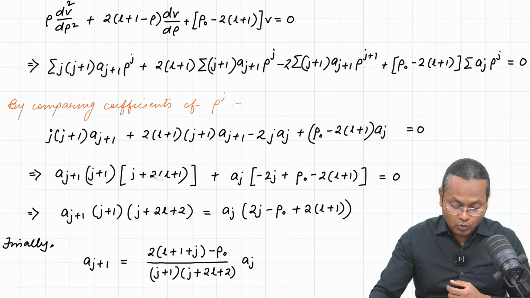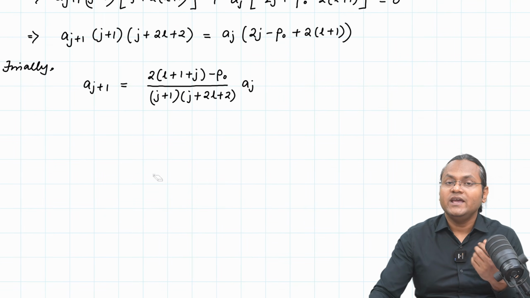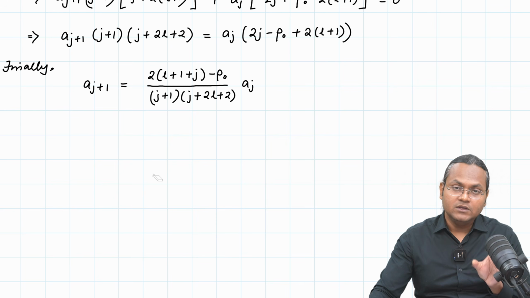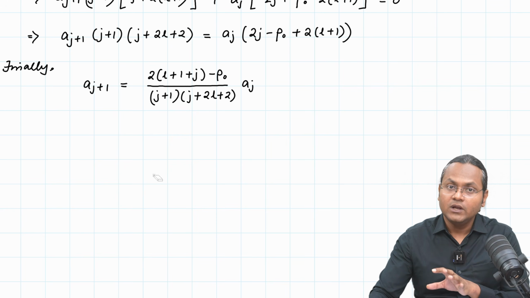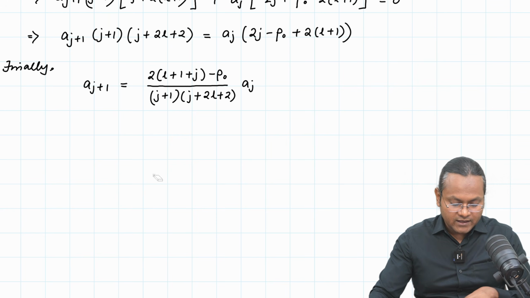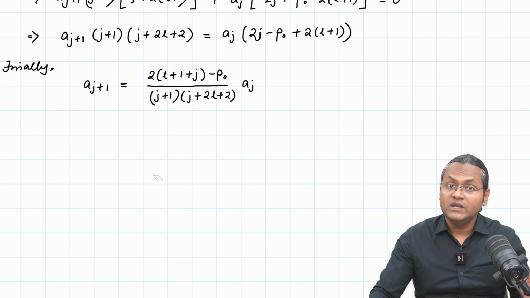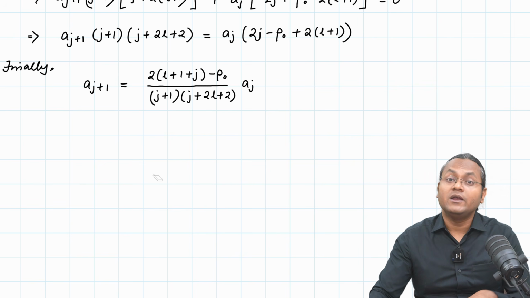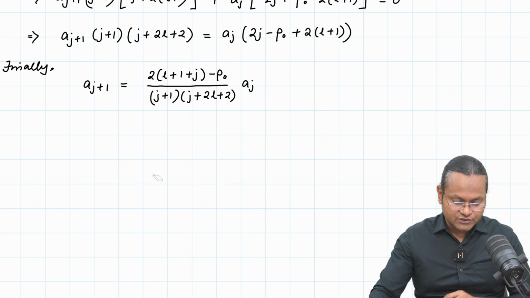Otherwise, the wave function blows up. And that leads to the energy quantization formula. So first, I want to obtain the energy quantization formula for the hydrogen atom by imposing this termination property to make sense of a meaningful wave function. And then I'll come back to the Laguerre polynomials that I mentioned and substitute back to get the wave function solution.